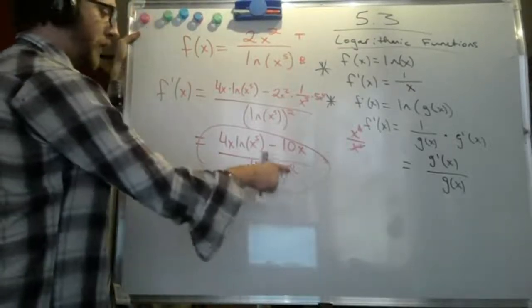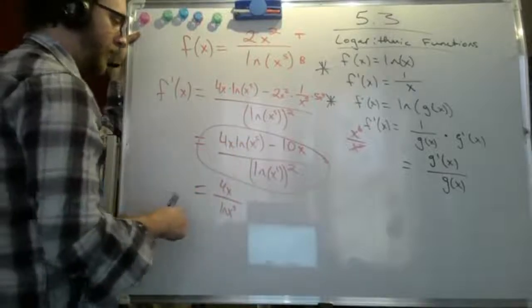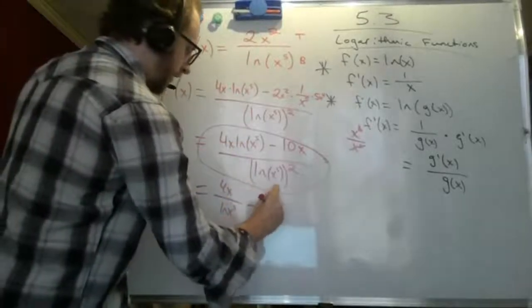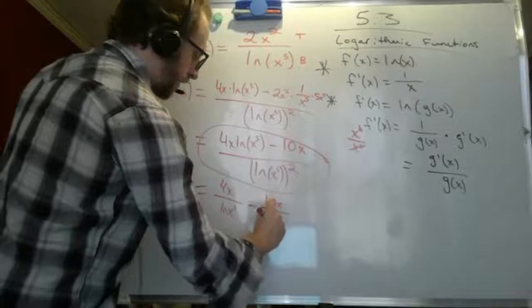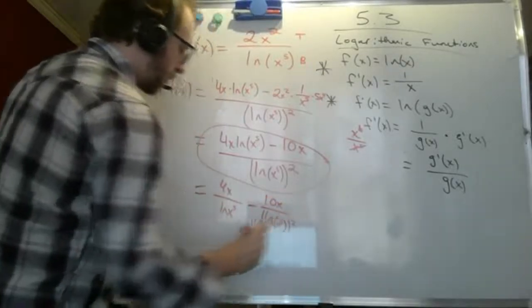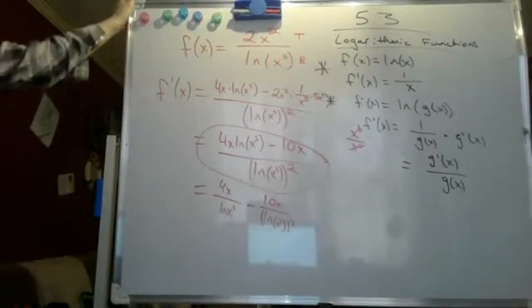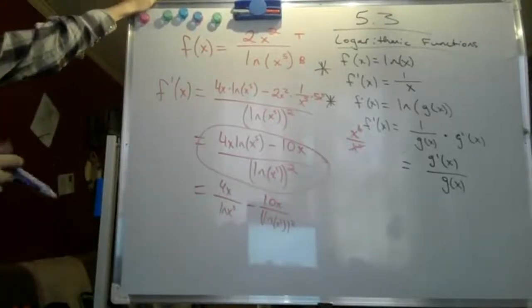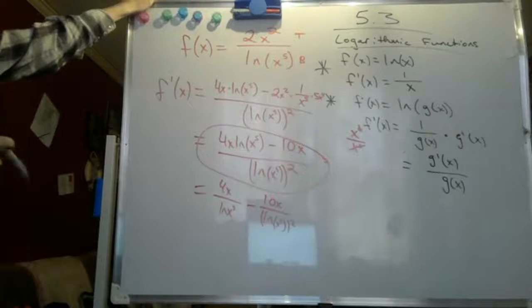It would be to the first power since it canceled with one of them on the left. But then on the right, we would still have 10x divided by the natural log of x to the fifth squared. And then again, that's as simple as we can get it. We can't really cancel it any further.